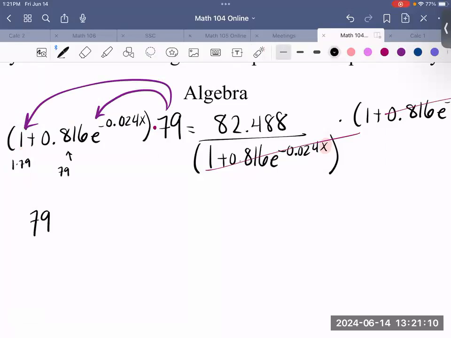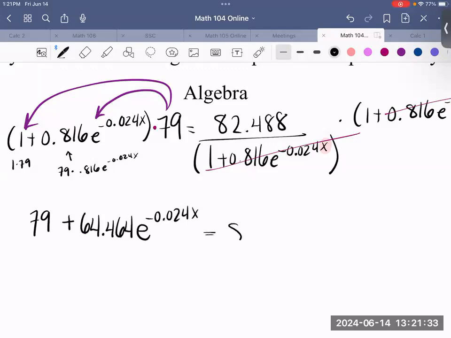And then 79 times 0.816, which then becomes 64.464 e to the negative 0.024x.